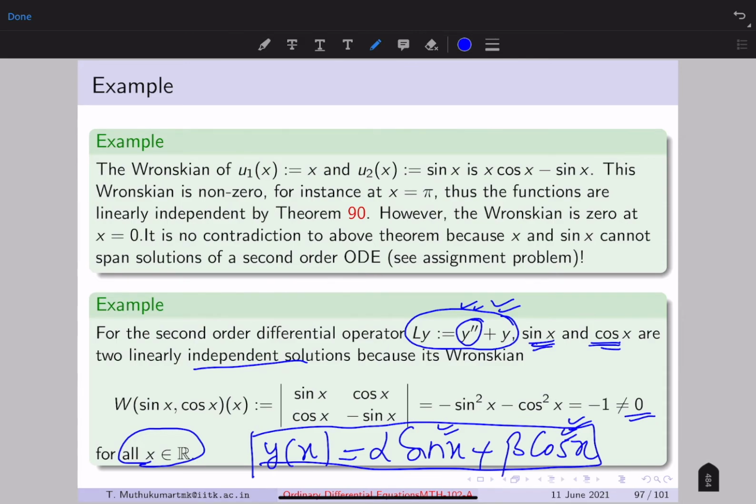So every linear combination of sin and cos is a solution to the second order ODE. If you recall, in some previous lecture we said that we will show later that every possible solution of this ODE is a linear combination of sin and cos, and more or less we have shown that here.